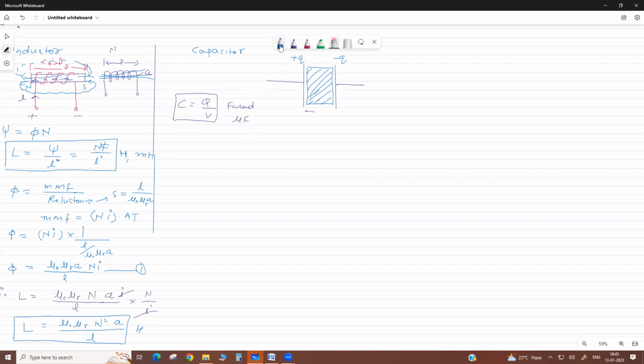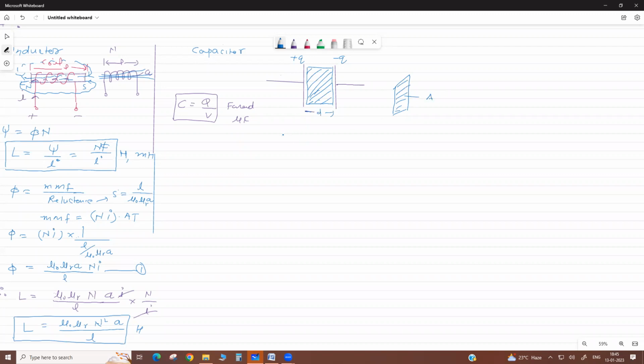Now suppose the distance between the two plates is D, and the plate area is A for a parallel plate capacitor.